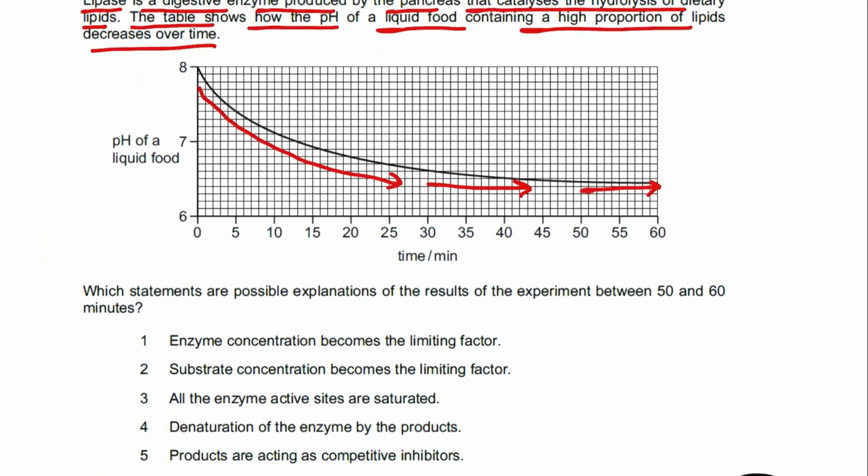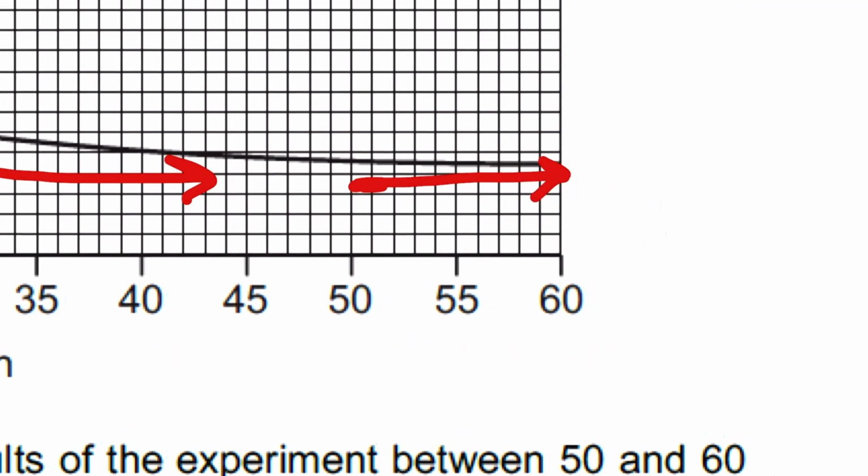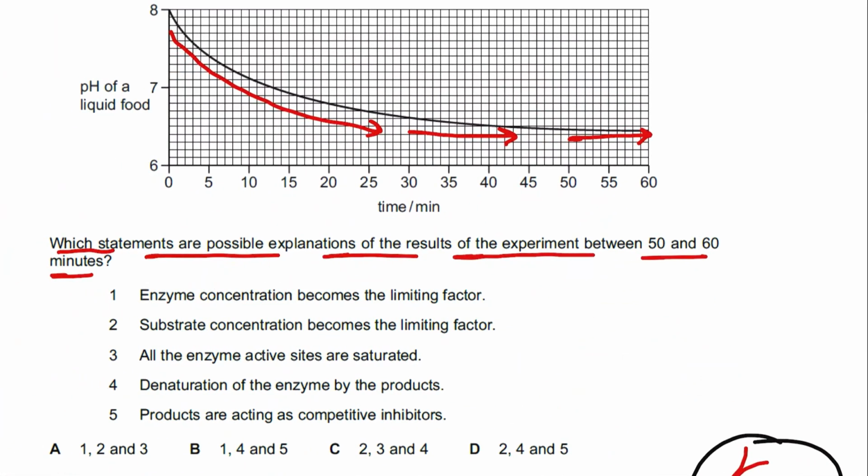Okay, so what could be the reason for the reaction to stop? Let's have a look. Which statements are possible explanations of the results of the experiment between 50 and 60 minutes? So guys, we need to take the correct statement for the possible explanation for the result between 50 to 60 minutes. That means the possible explanation for the reaction to stop. Enzyme concentration becomes a limiting factor.